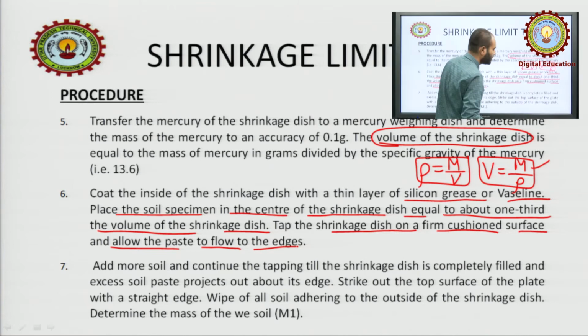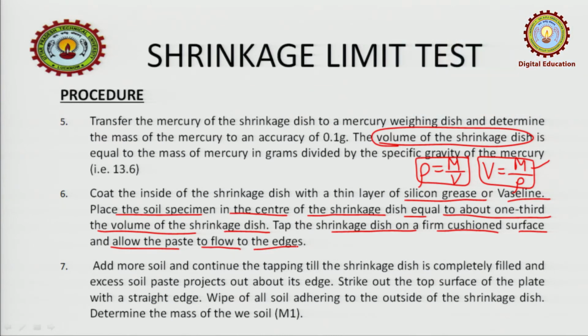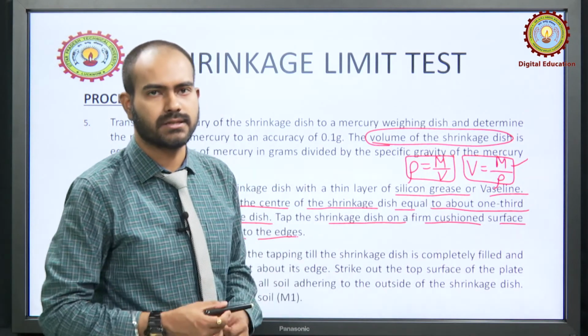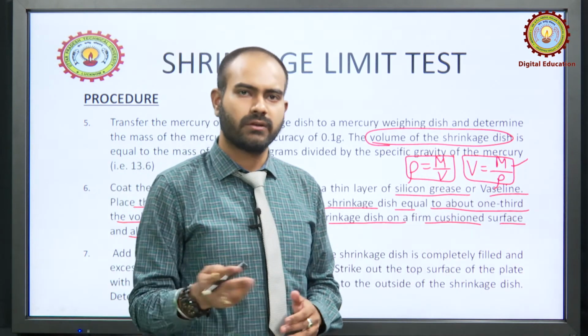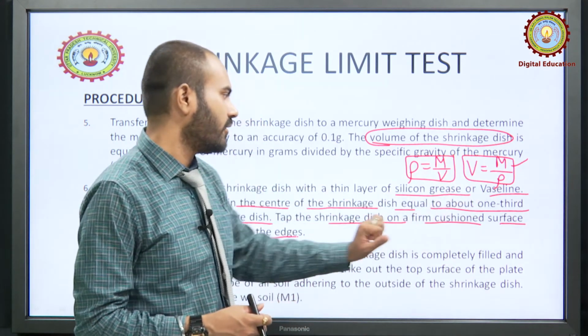What does this mean? Once you have found out the volume, coat the surface of the dish with Vaseline. Why do we do this? So that the soil does not get stuck with the walls of the shrinkage dish. Otherwise, later on when we have to find out the mass, that will give you an error. So, we coat it with Vaseline or grease.